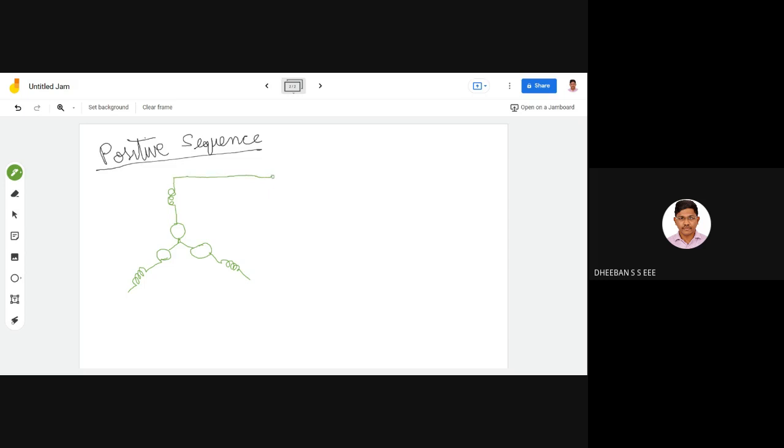This goes with A, this goes with B, and then this goes with C. Okay, again this will be plus minus EA, plus minus EB, plus minus EC.